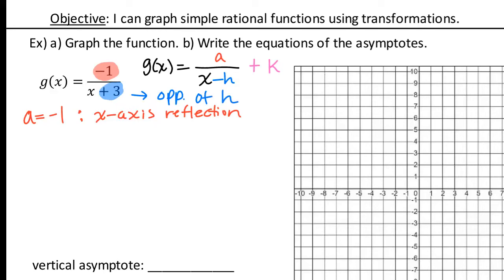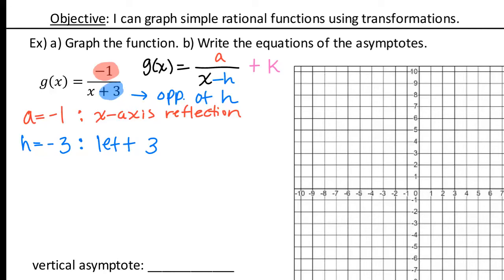Because that's positive, that tells me my h has to switch sign. It's actually going to be -3. And my h is negative. Does that mean left, right, up, or down? Left. H tells you left or right. So that's going to be left 3 units.